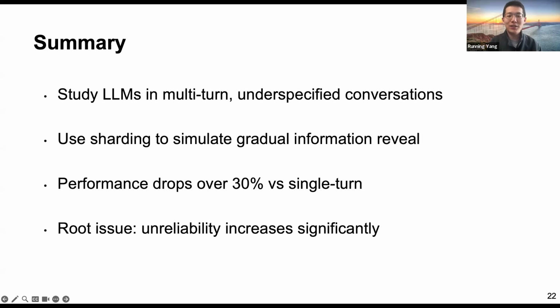They formalize this problem, and they use shards to simulate a gradual information reveal. Through their experiments, the performance drops a lot versus a single turn. So this is an unreliability issue.